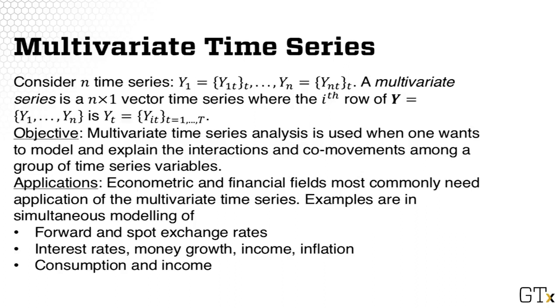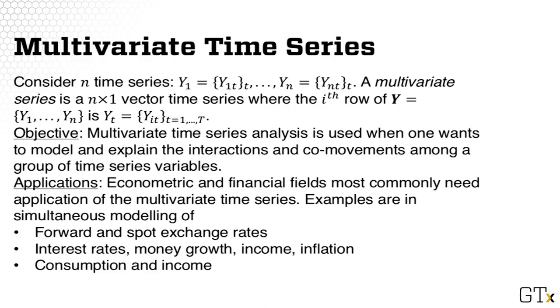We can write it as boldface y, which is the collection of all n time series together, but we also can refer to as yt, which is the collection of the time series data at time t only. Note that here yt is a vector of n variables, each being the time series value of one of the n time series.